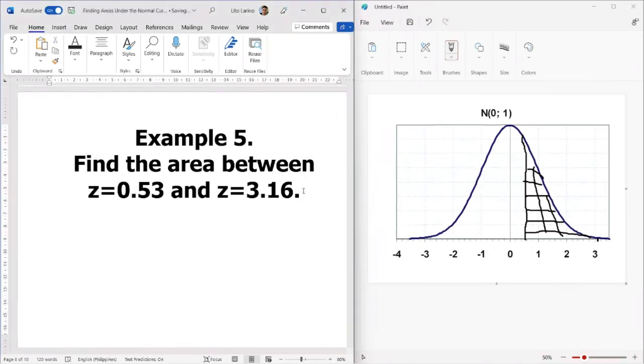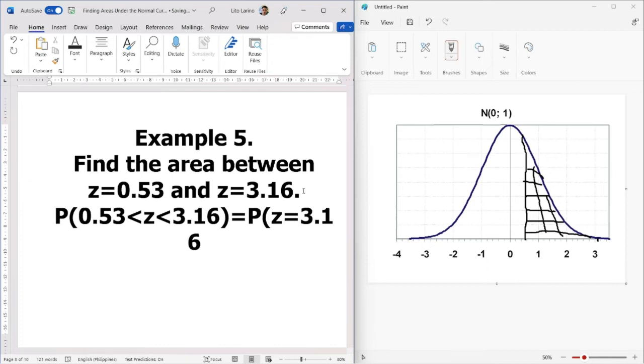Okay, it is denoted, the area when the z-score is between 0.53 and 3.16. That's equal to the area when the z-score is 3.16 minus the area when the z-score is 0.53.